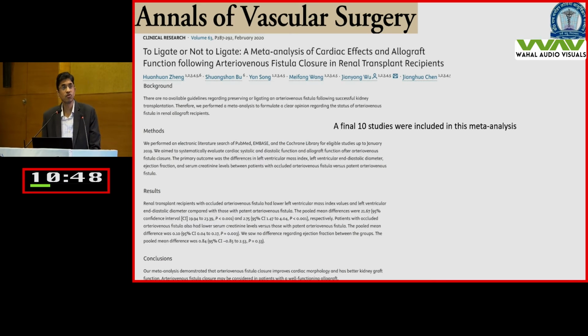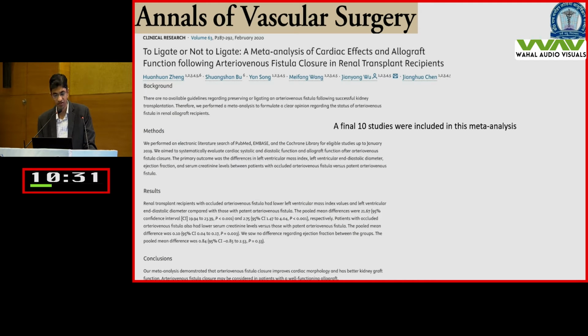In order to answer all these questions, there was a meta-analysis which looked into both the graft outcome as well as the blood pressure and cardiac effect of closure of fistula. This was done by Zhang et al., published in 2020 in the Annals of Vascular Surgery.